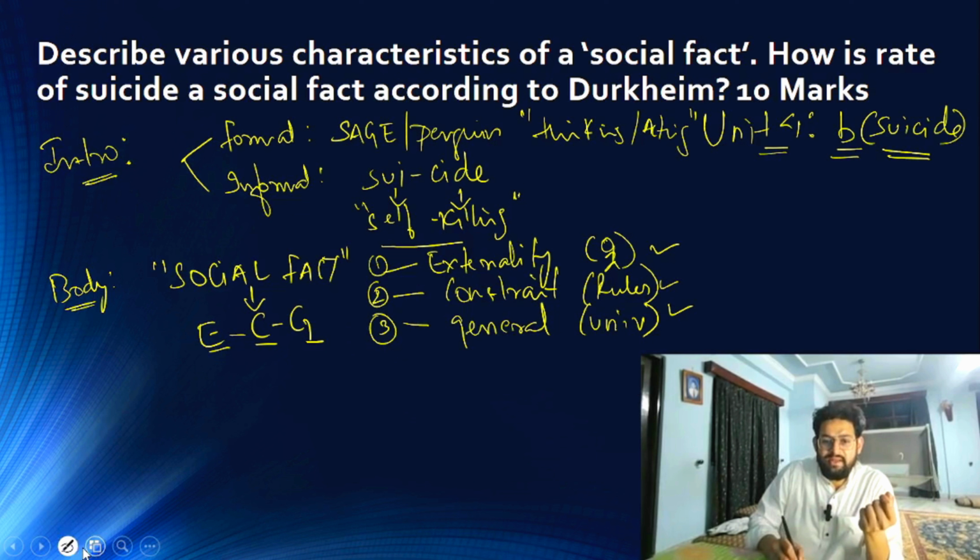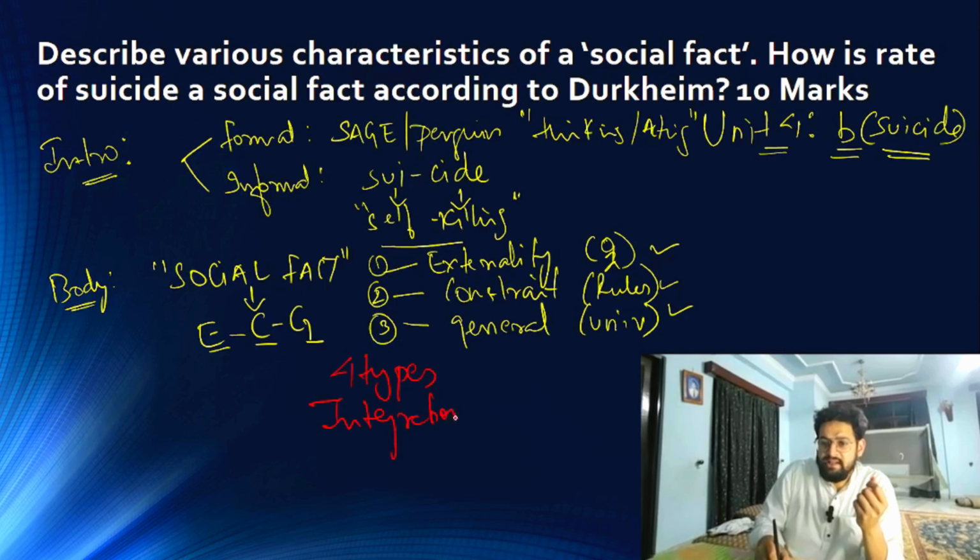And then he talks about suicide as such a concept which can be described in various different dimensions. And over there he says that suicides are basically of four types, and that if the integration is high or low, if the regulations are high or low, it produces different types of suicides.